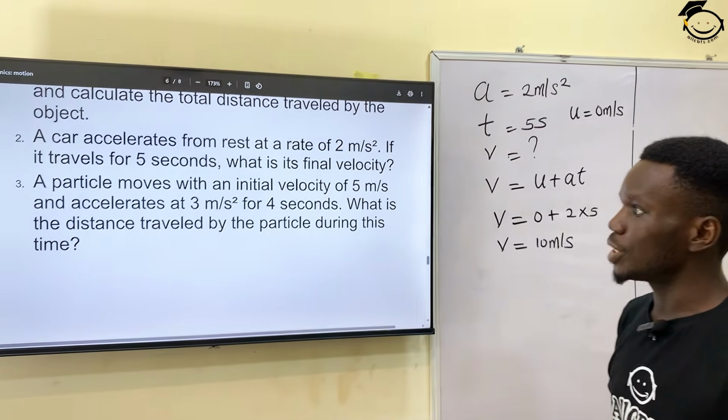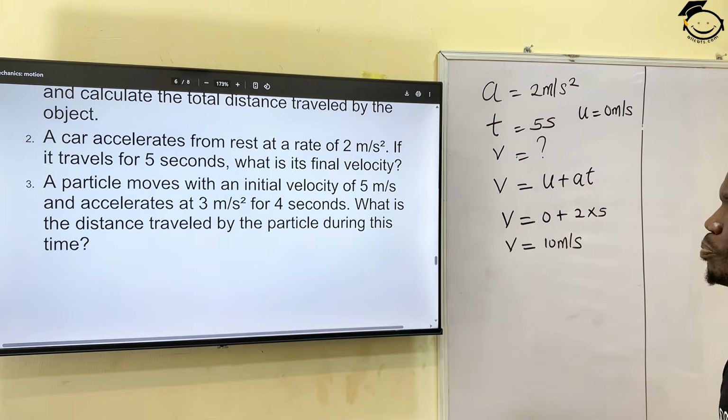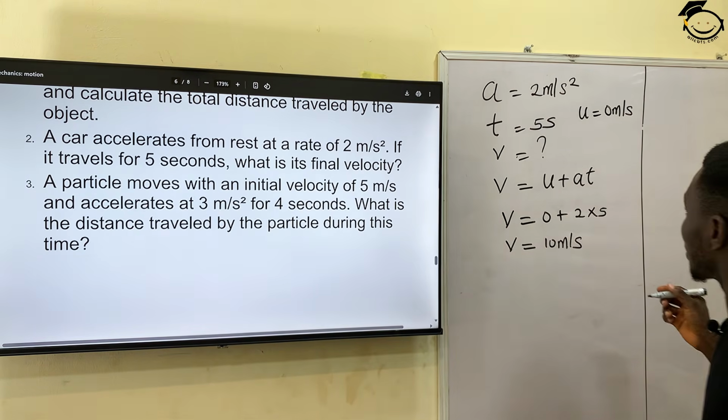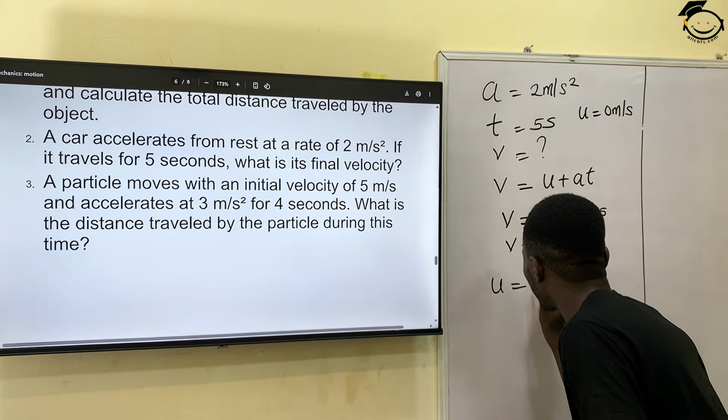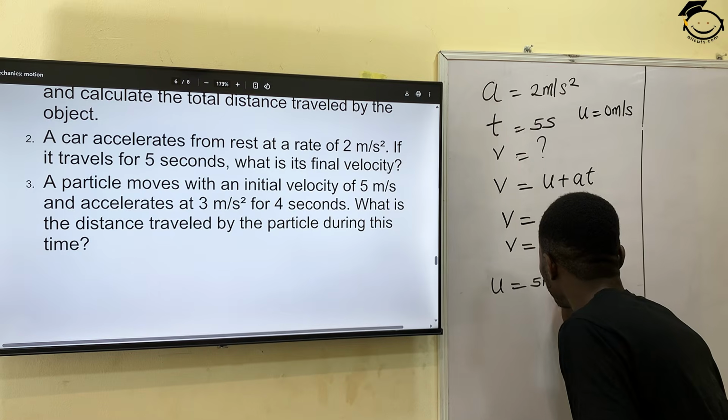Question number 3 says a particle moves with an initial velocity of 5 meters per second. So they gave us the initial velocity u as 5 meters per second.